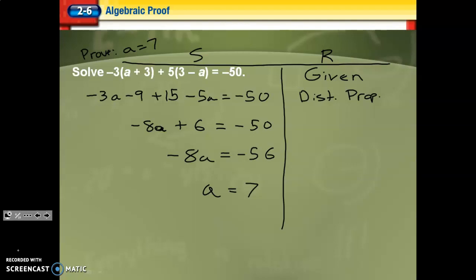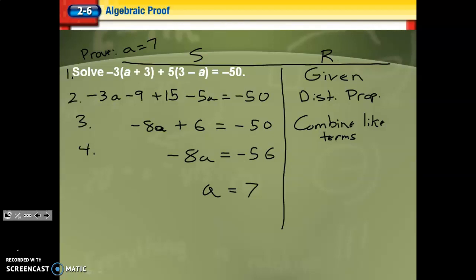Now, the book likes this next step. They say combine like terms, or excuse me, they say substitution. I think, in layman's terms, what did you do? Combine like terms. So let's write that. Combine like terms. What did you do from, if we label these, this would be 1, 2, 3. So what did we do just from step 3 to step 4?